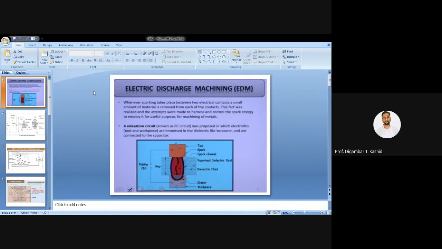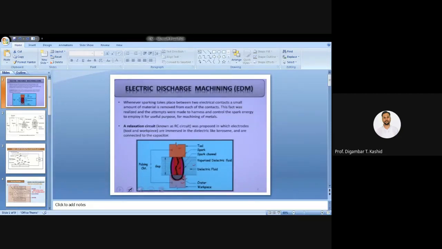Because of the spark, a small amount of metal is removed from the switches, and that metal melts there. The same concept is used for machining of metals. So in the EDM process, the same concept is used.